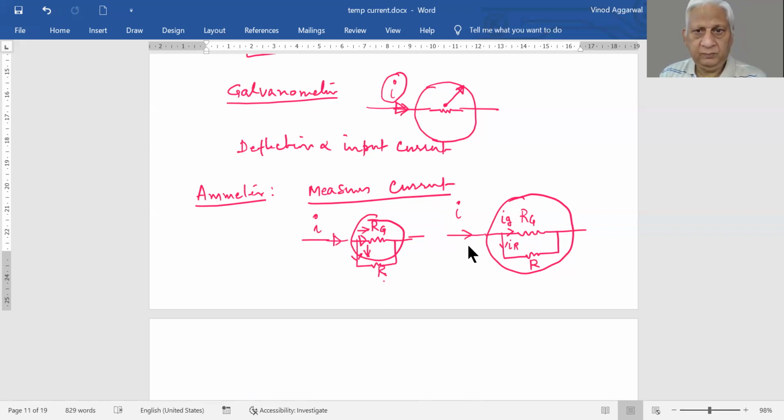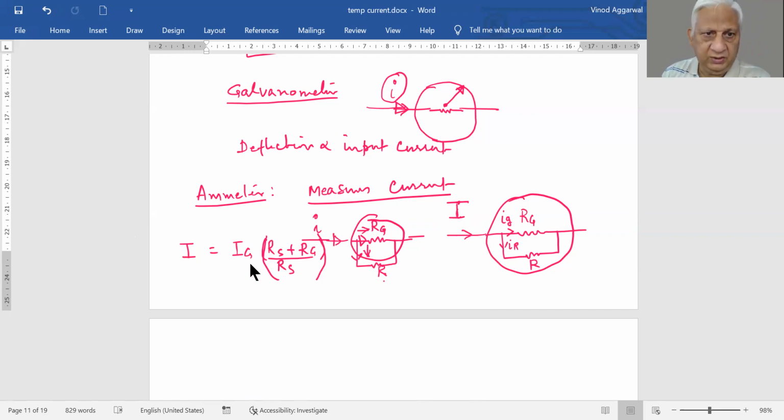So for this configuration, we can say that I is equal to IG times (resistance of shunt plus resistance of galvanometer) divided by resistance of shunt. What this means is, I is the total current going in, which we want to measure.